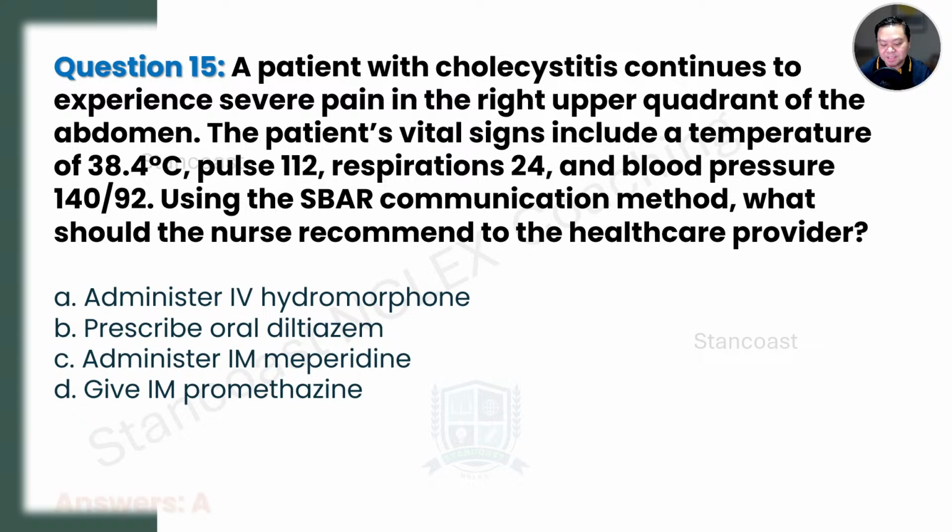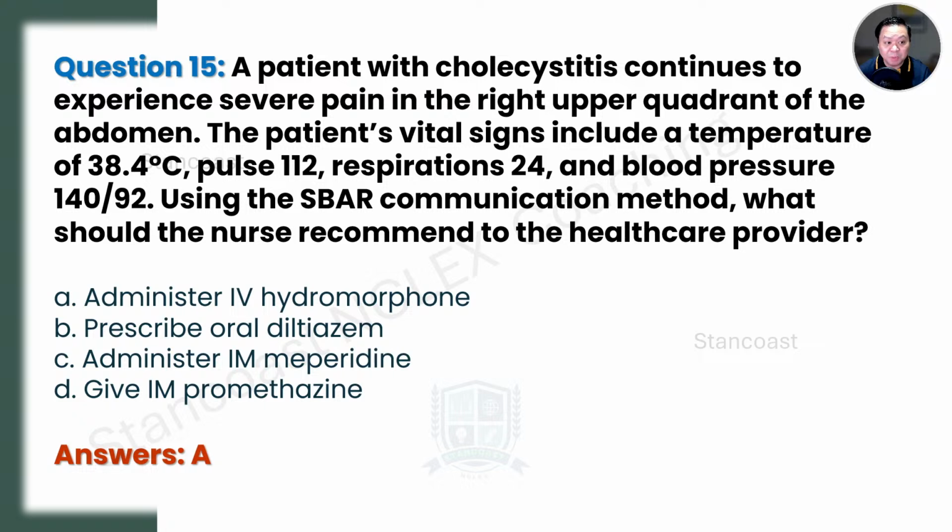The correct answer here is A, administer IV hydromorphone. This is a potent analgesic. It's an opioid. And this is a medication that works quickly and is appropriate for severe pain in this scenario. So if you're administering this intravenously, this is really going to ensure a much better control of the pain, okay?